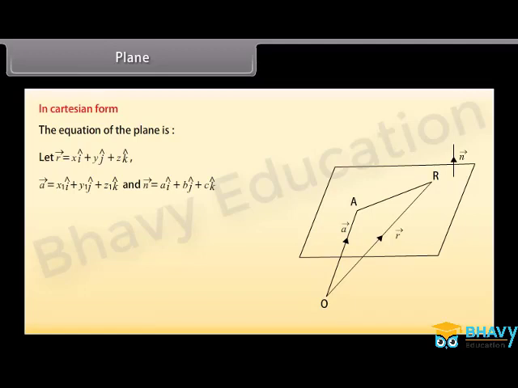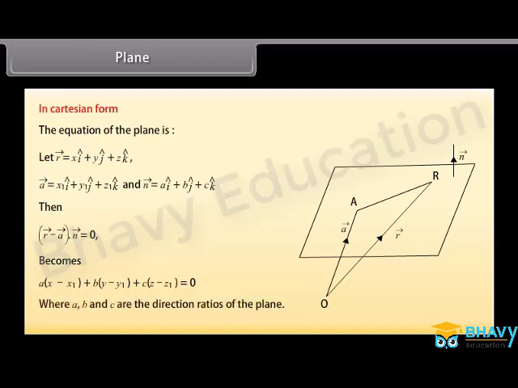Vector n equals a i cap plus b j cap plus c k cap. Then the dot product of vector r minus vector A and vector n equals 0 becomes a(x minus x1) plus b(y minus y1) plus c(z minus z1) equals 0, where a, b, and c are the direction ratios of the plane.